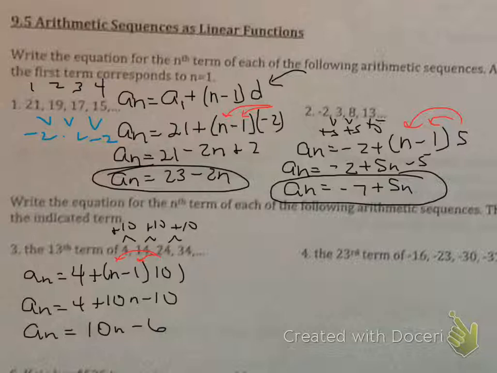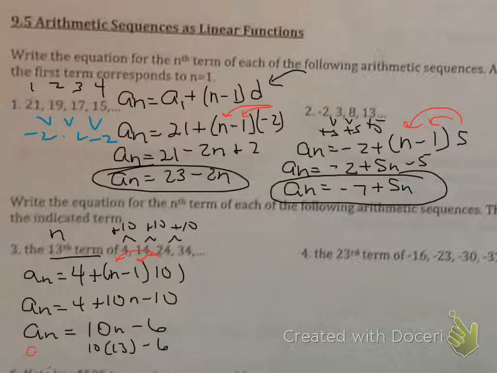Okay. And now I get to put in 13. 13 is my term. It represents my n. So I'm going to put a 13, so it's 10 times 13 minus 6. So when I put the a to the 13th here, that means this right here is what I'm talking about. Let me go back and erase this and rewrite it. And I'll put it in red so you can see it.